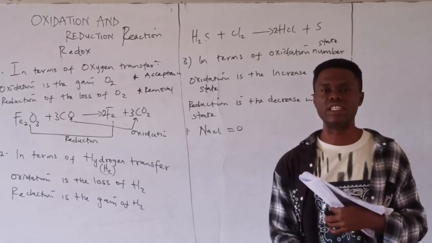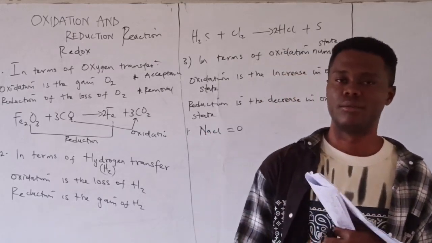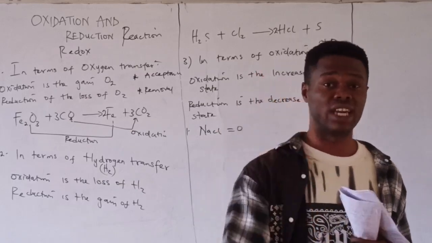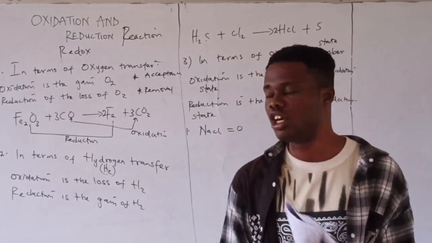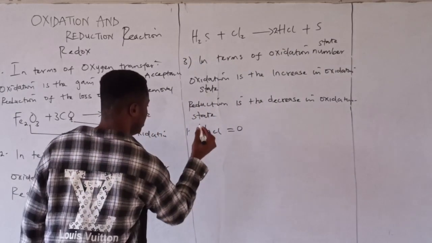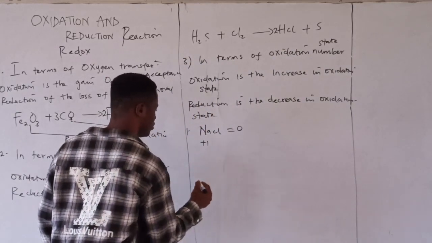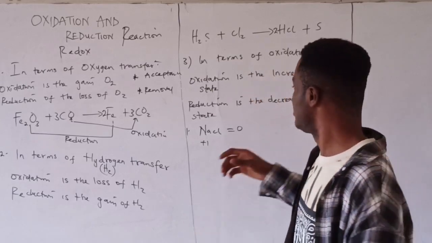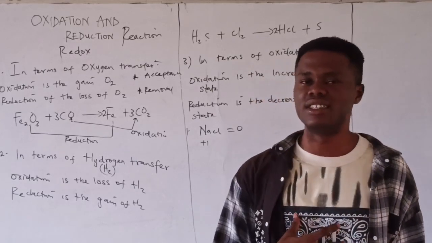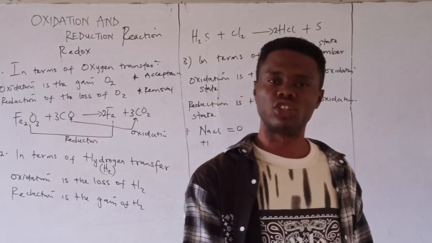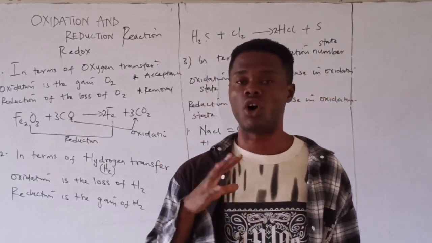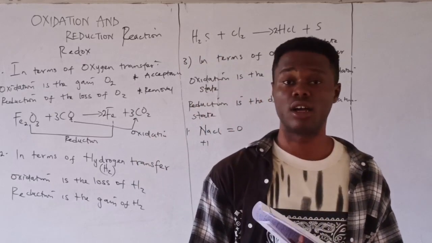Now, sodium is an alkali metal, and this metal can give out one electron. So when it gives out one electron, it becomes positively charged, so it is plus 1. Chlorine, on the other hand, is an electronegative element which accepts one electron to fill up the outer shell.